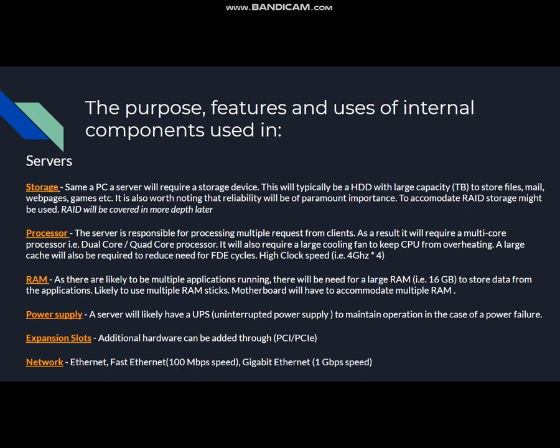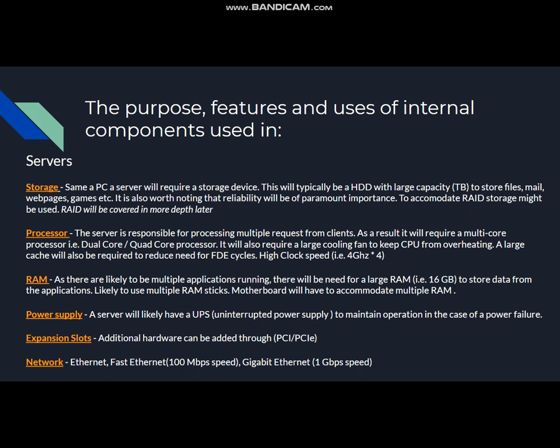Let's quantify that. If we have a 2 gigahertz dual core, then effectively 2 times 2 gives us 4 gigahertz of processing. And if it was a 2 gigahertz quad core, then that would be 2 times 4, which is 8 gigahertz of processing, as in 8 gigahertz of being able to do the FDE cycle.